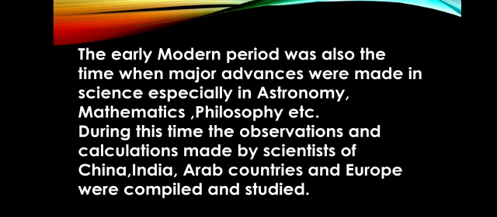The early modern period was also the time when major advances were made in science. What is the meaning of science? Science means the systematic study of the structure and behavior of the natural world through observation and experiment, especially in the fields of astronomy, mathematics, philosophy, etc. During this time, the observations and calculations made by scientists of China, India, Arab countries, and Europe were compiled and studied.